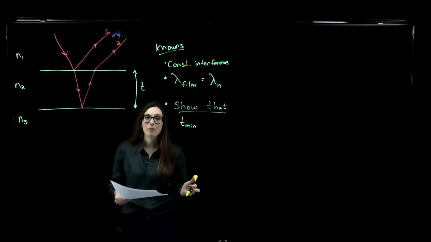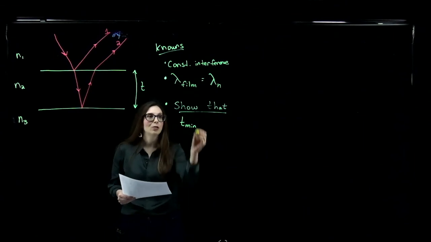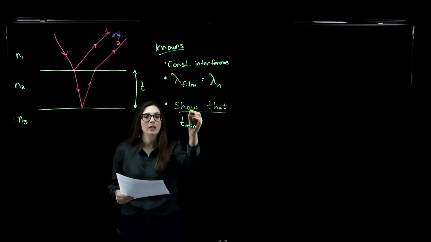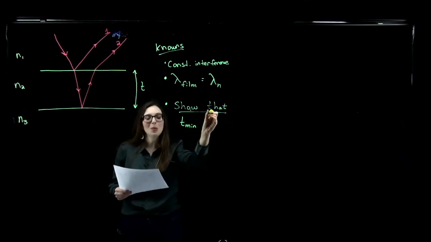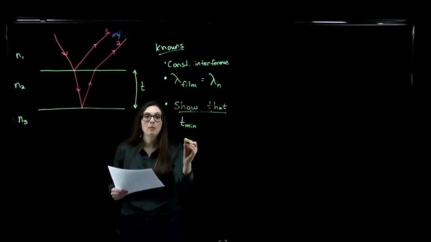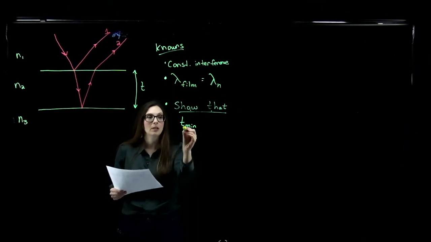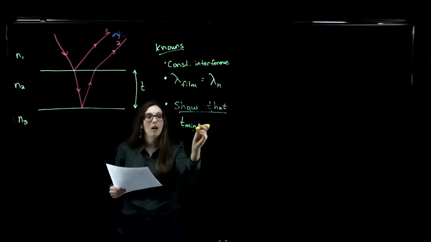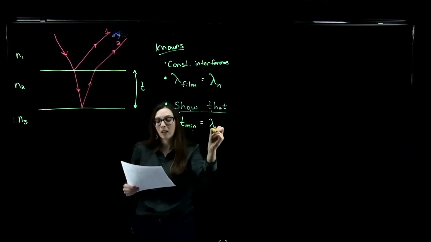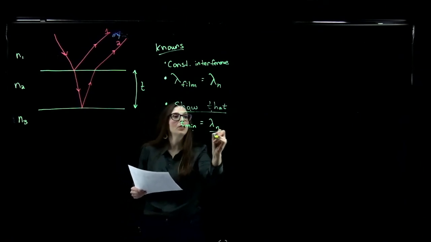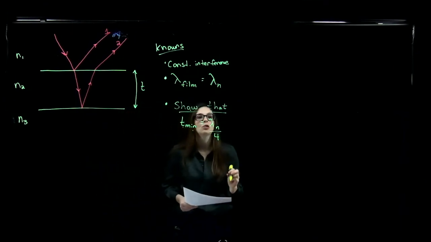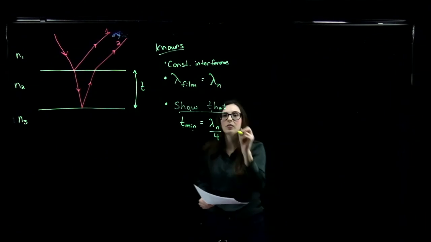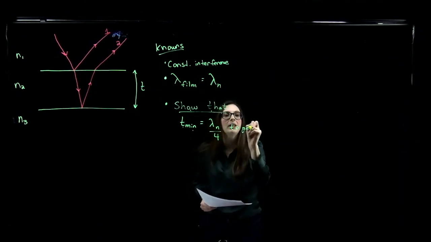Now this is a new type of problem. We're going to be asked to show that. We haven't really done these types of problems where we have to show something. So we're going to show that the minimum film thickness, which I'm going to call T sub min, of lambda sub n over 4 is needed in order to give us constructive interference.